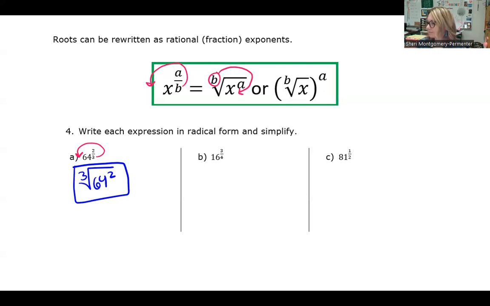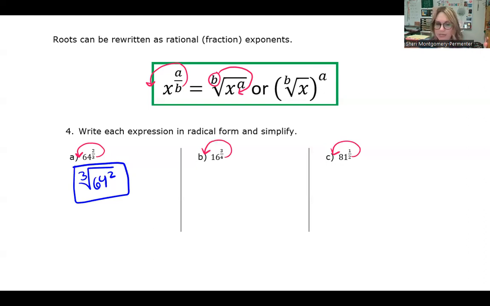All you're doing is rewriting. So again, what I do is I look at that denominator and that rewrites out into the front for each of these. So I want you to take a moment and rewrite the next two.